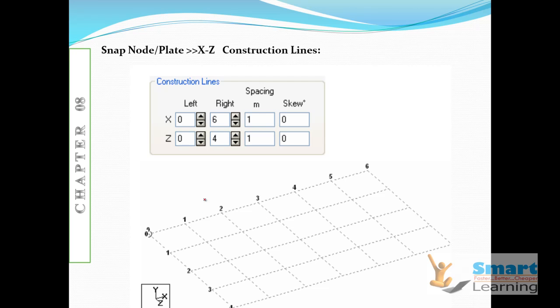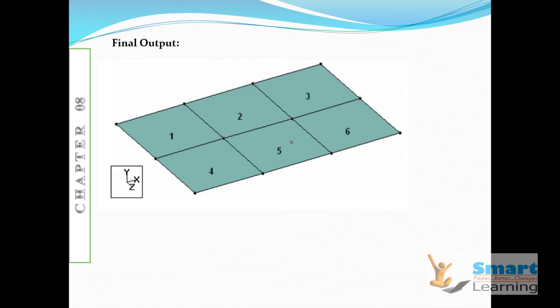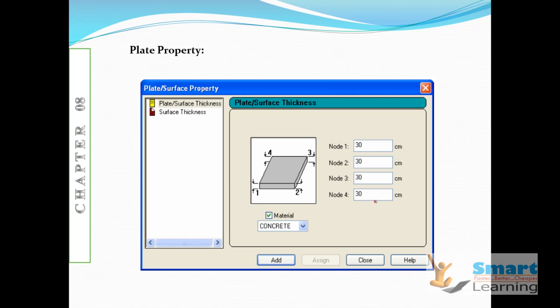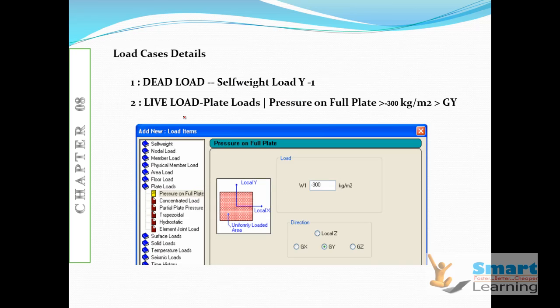So inside the grid system, when you define the skeleton, you can define your plates, and by control click you can repeat the plate for future definitions, and this is the final output from one plate in this particular direction, and the Z directions you can map this, and finally whatever the thickness you have to attach, that you attach to your plate, and then you load it with your support and you apply the load conditions.